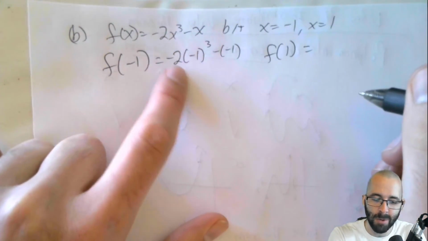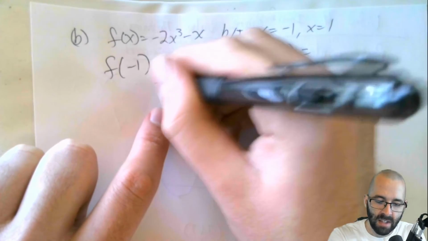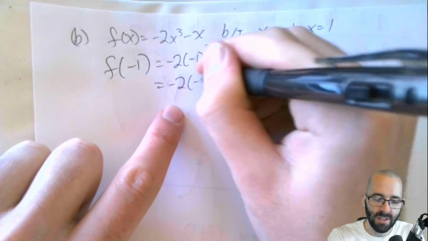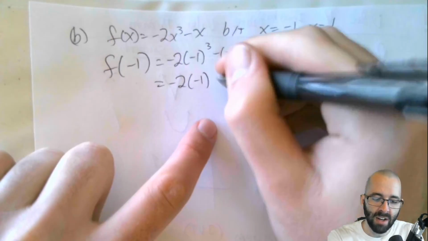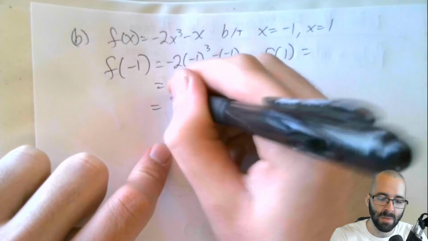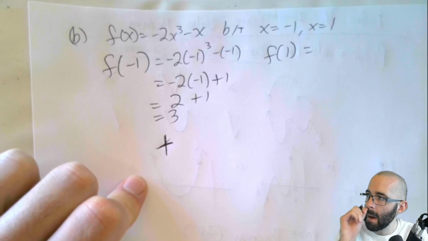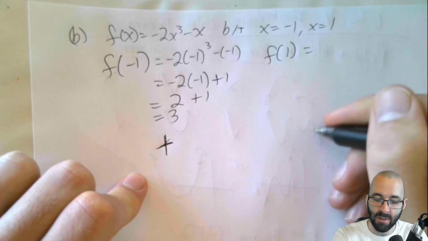If you plug negative 1 everywhere here, be very careful. Let's do this in steps. Negative 1 cubed is still negative 1. Subtract negative 1 is a plus 1. Now negative 2 times negative 1 is positive 2. Okay, we have 3. This is a positive number. So hopefully this thing over here is negative.